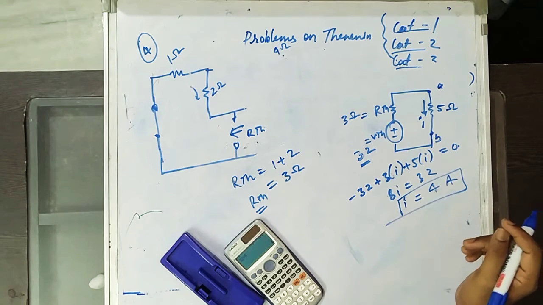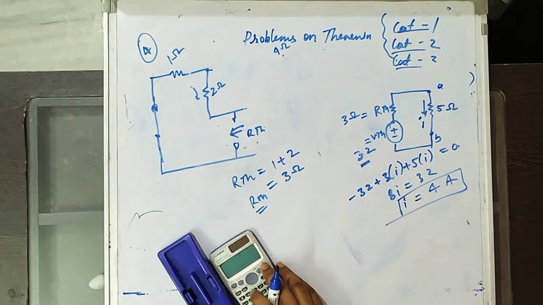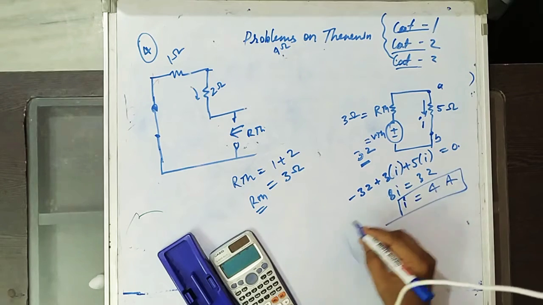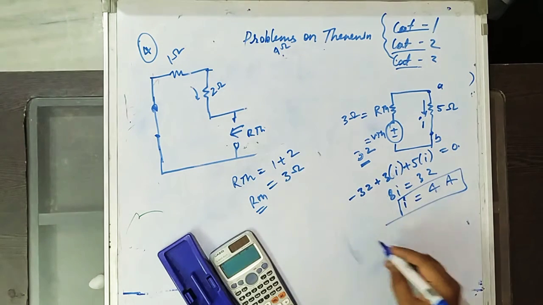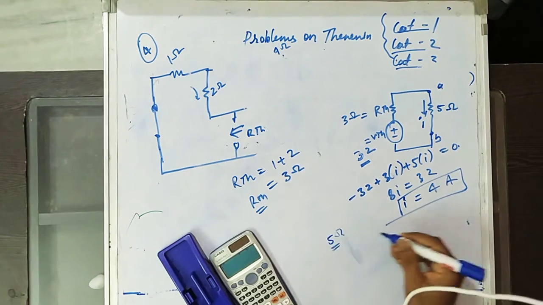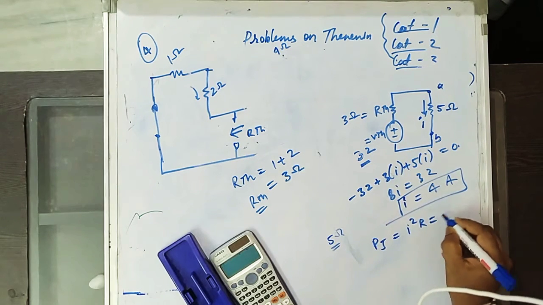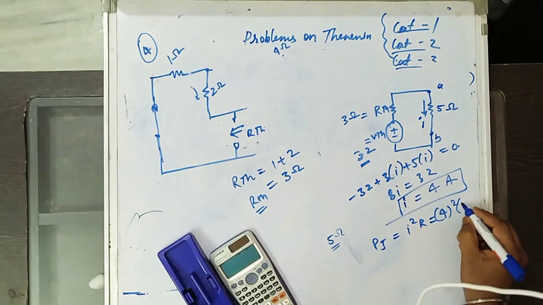So 4 amps is flowing. Now the power across that 5 ohms is P5 equal to I square R form, that is 4 square into 5.